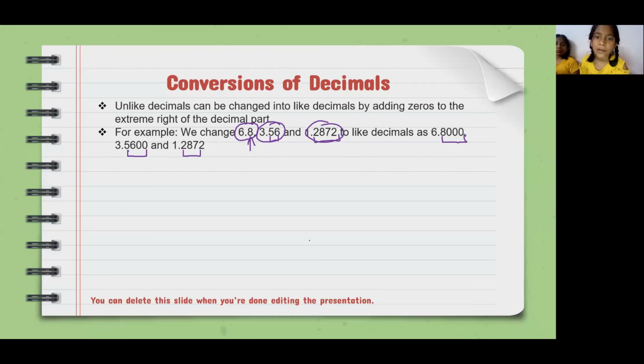For example, how can we convert it? It's a simple thing.